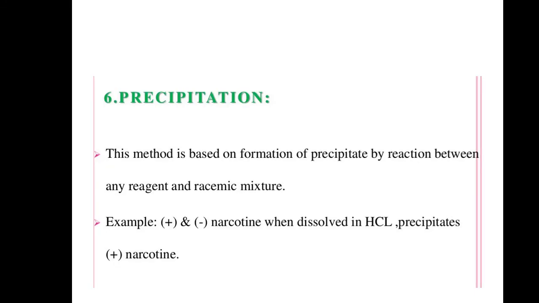This one is precipitation. This method is based on the formation of a precipitate by reaction between a reagent and the racemic mixture. For example, when plus and minus narcotin are dissolved in HCl, plus narcotin precipitates out first. So it can be separated easily.